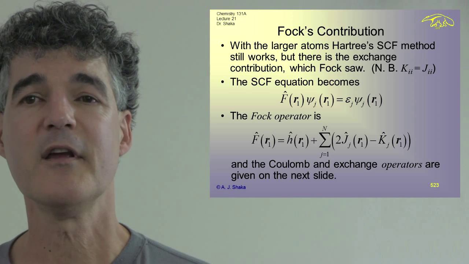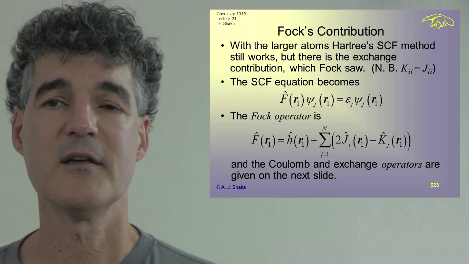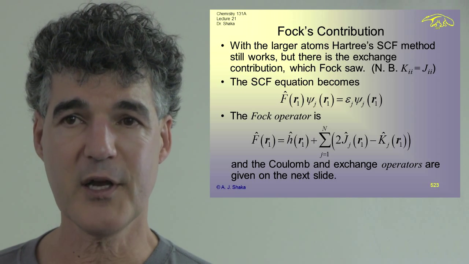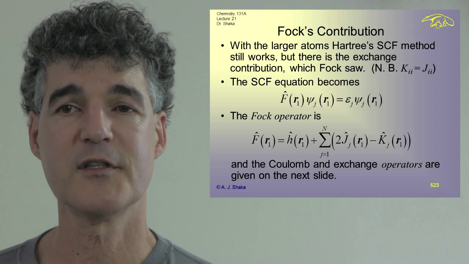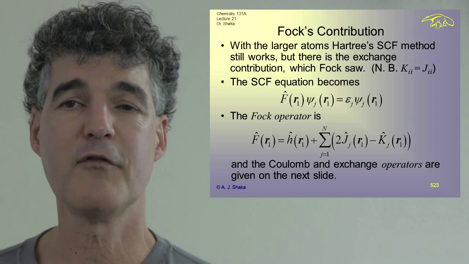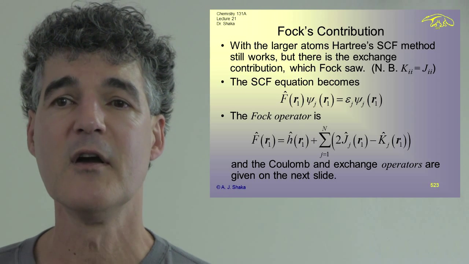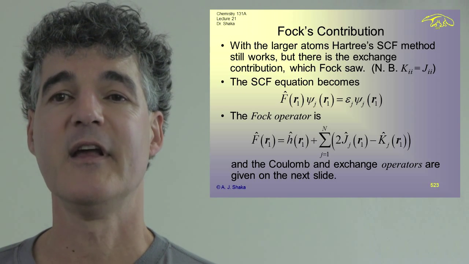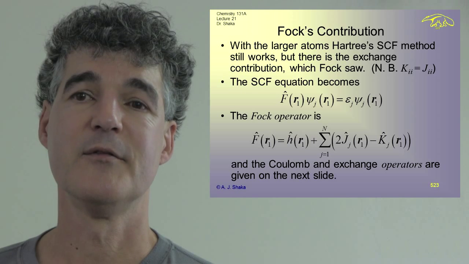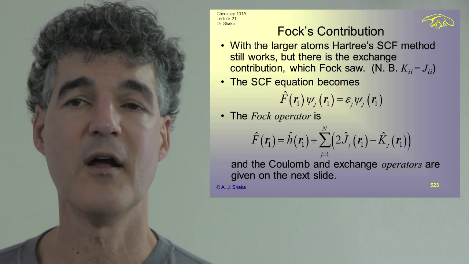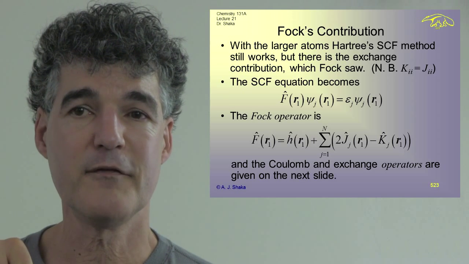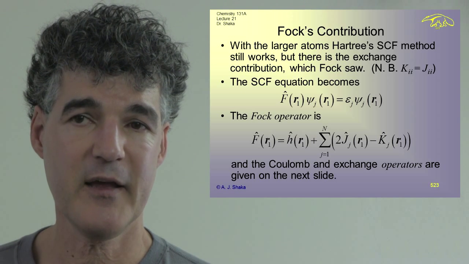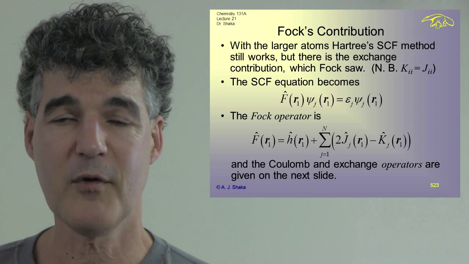And therefore, your self-consistent field equation becomes this new equation, rather than just the Hamiltonian like we had before with the effective potential. We've got this new player in the game, F hat, which is a function of R1 on some trial function, psi of R1, equal to epsilon j psi j of R1.